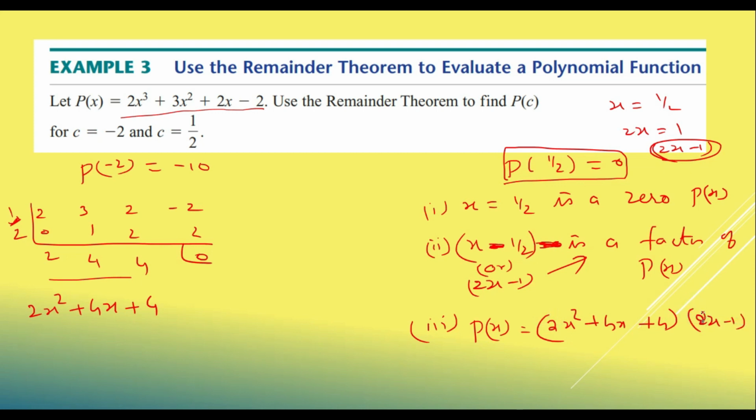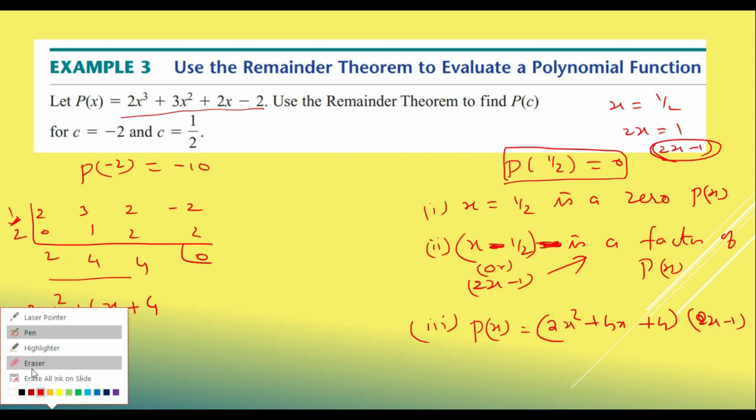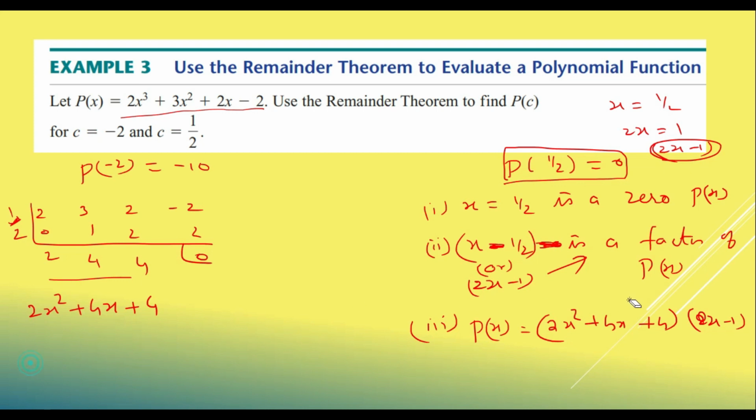Or you can write it as x minus half times x minus half. So the original polynomial can be expressed as the quotient times the divisor when the remainder is 0.